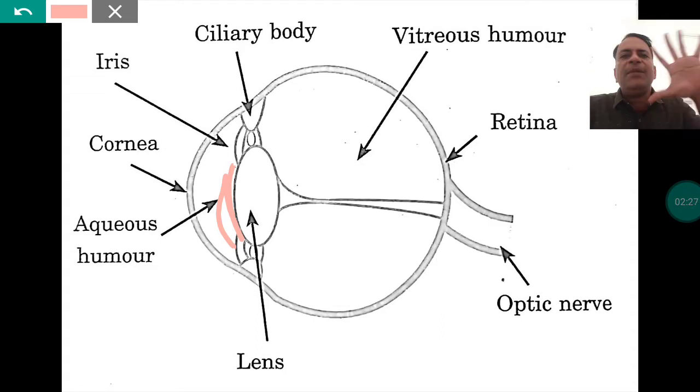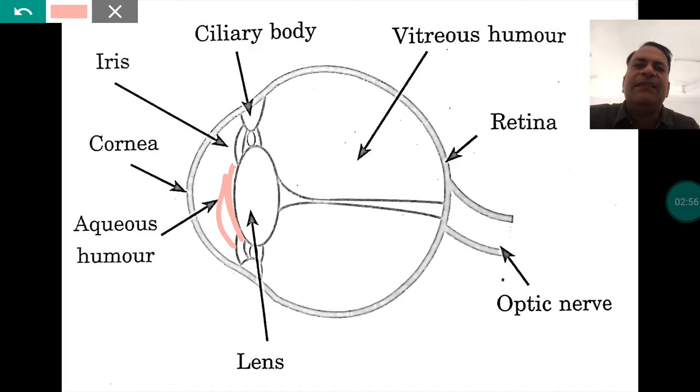Suppose the environment is very dark, then the amount of light entering the eye should be large, so this hole will open up. And when you are in a very bright environment, with lots of bulbs shining around you, lots of candles, the amount of light which goes into the eye should be less, so this hole will become smaller. This is pupil.